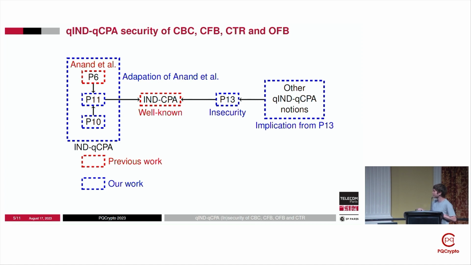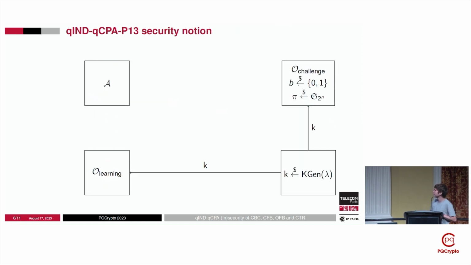So let's begin by defining what the P13 security is. Just like the classical qIND-cPA security notion, it is defined via a security game where an adversary A has access to two oracles, a learning one and a challenge one.